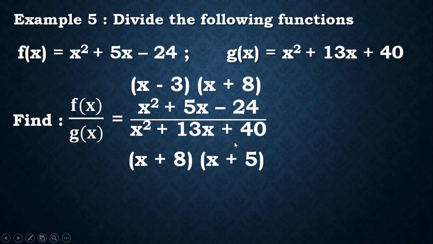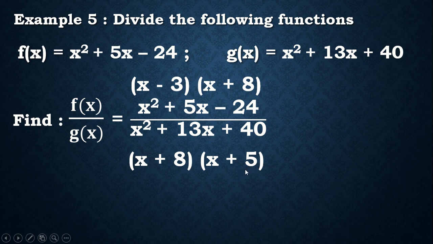And then we have to find the factors of g of x. We have the quantity of x plus 8 and the quantity of x plus 5. And then we have to perform the distributive property of multiplication. We divided x squared into 2, that's why we have x and x. So we check x times x, that is x squared.